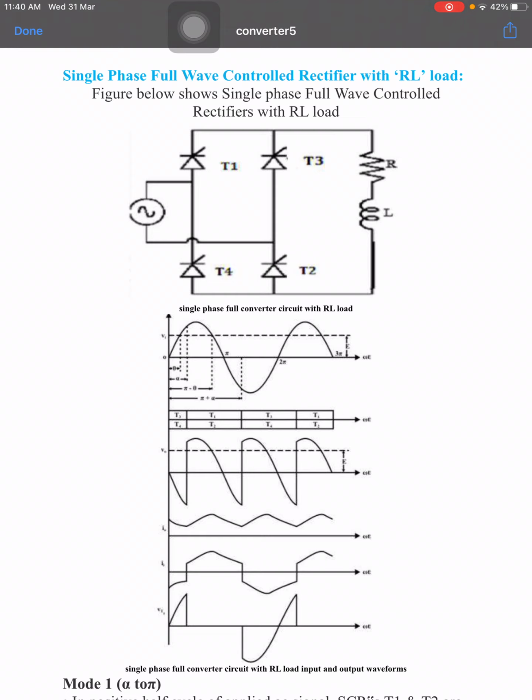This happens when T3, T4 are commutated and T1, T2 are turned on. Commutation means turning off the thyristor; T3, T4 are turned off, then T1, T2 are turned on. Sometimes textbooks use the word commutation to mean turning off thyristors. Other methods include dV by dt rating, di by dt rating, SCR triggering, and temperature triggering like thermal triggering, by which we can also control the thyristor.